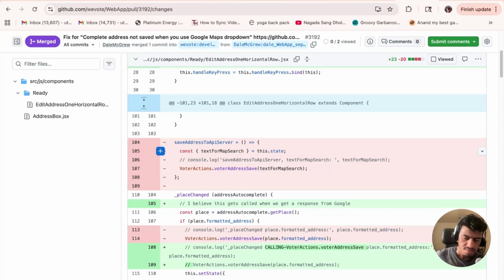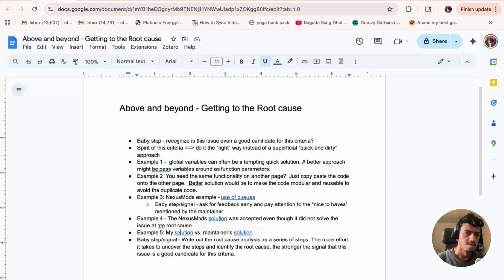So anyway, the important thing to note here is that a signal you can pay attention to is the root cause analysis. If the root cause analysis is turning out to take a lot of effort for you to get to the bottom of it, that's a green light that this issue is a good candidate.